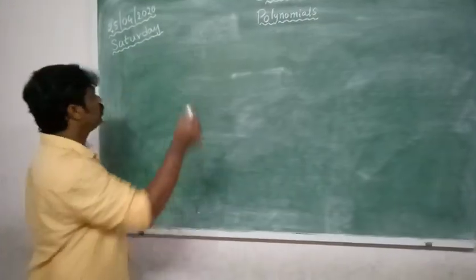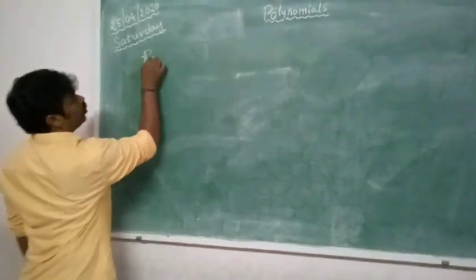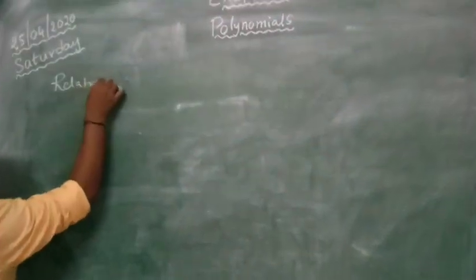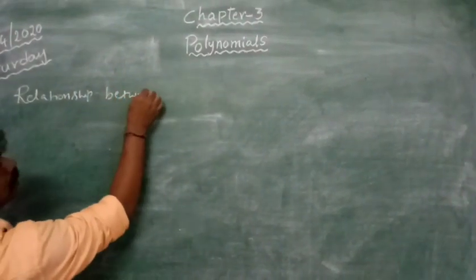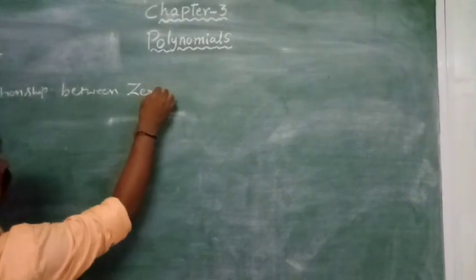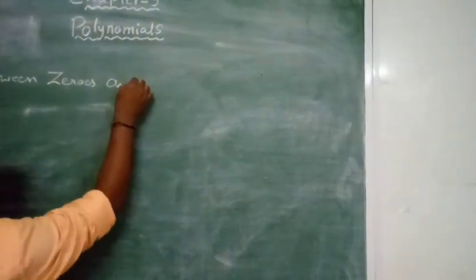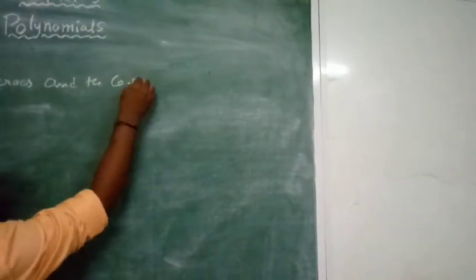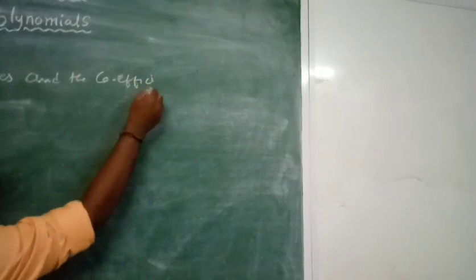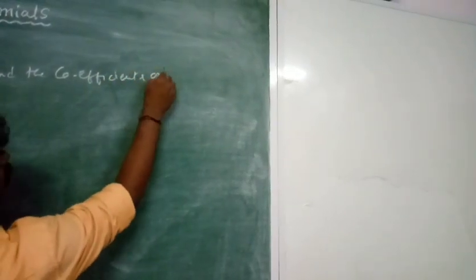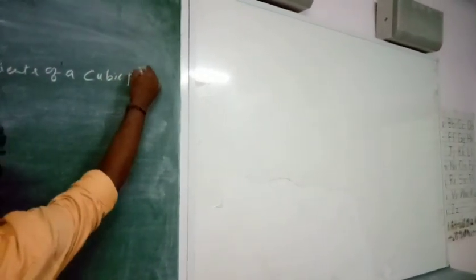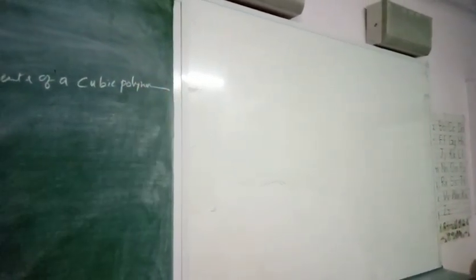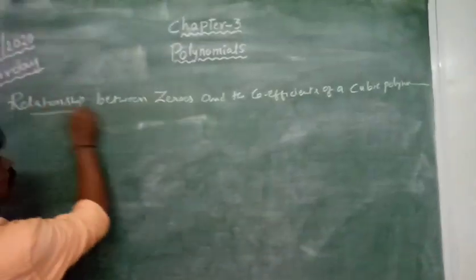Now we are going to learn the relationship between zeros and the coefficients of a cubic polynomial.